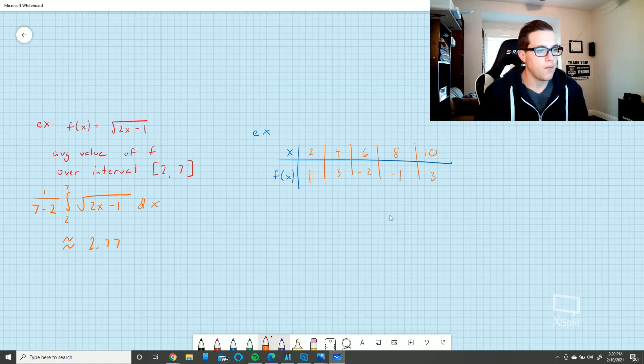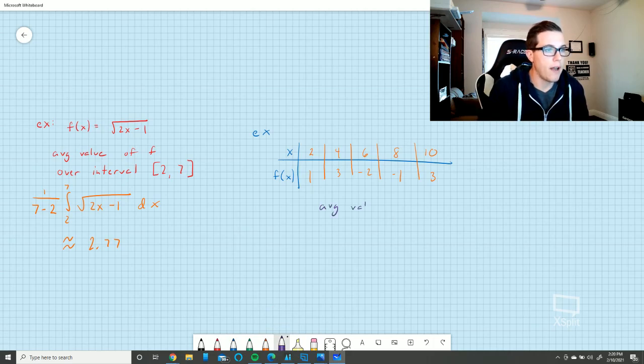And I ask for an average value. This one would have to be, remember we talked about this, approximation, because all I have is a table. I actually don't have the actual function or graph of f of x over the interval 2, 10.